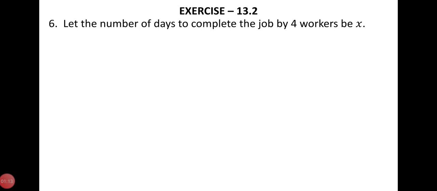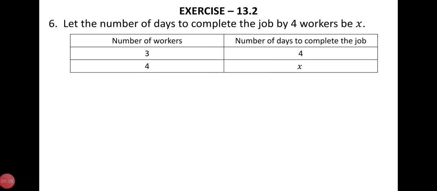So for the solution of question number 6, let the number of days to complete the job by 4 workers be x. So we have the number of workers and the number of days to complete the job. That is, 3 workers can complete the job in 4 days. So if there are 4 workers, let the number of days be x.